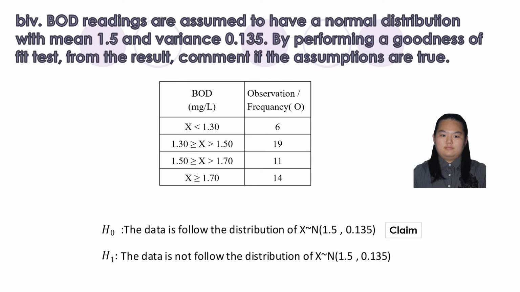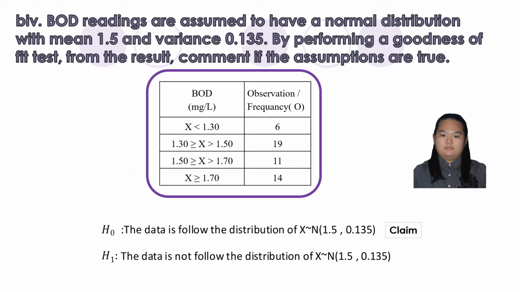Finally, we need to test whether the BOD data from the 50 data do come from a normal distribution with mean 1.5 and variance 0.135. Thus, we need to use the goodness of fit test. This is the table we concluded from the 50 data, whereby we use the range of 0.2.